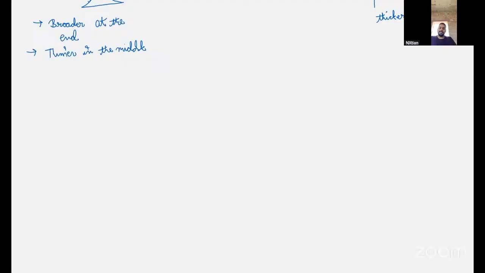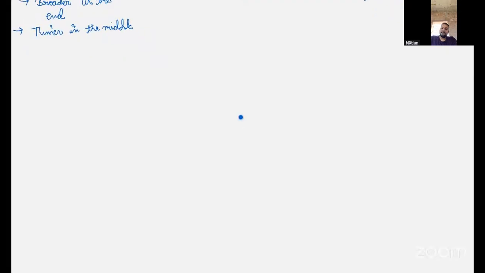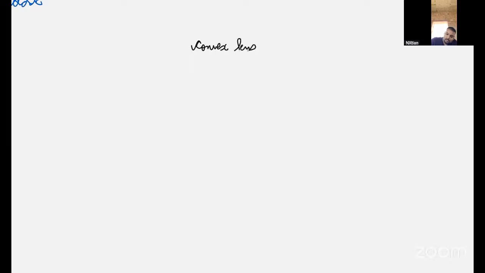Okay, guys. So this is concave and convex. Now put a heading: convex lens. First we'll talk about the convex lens. So first of all, this is a convex lens.